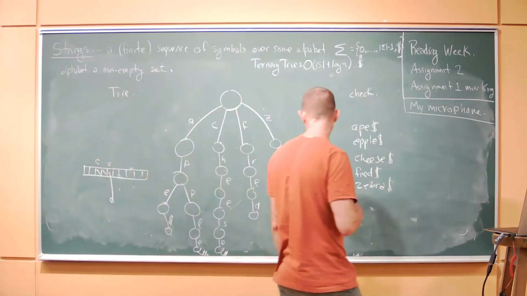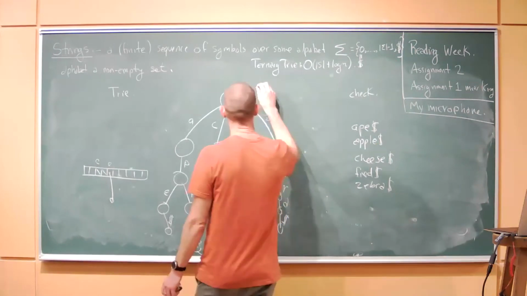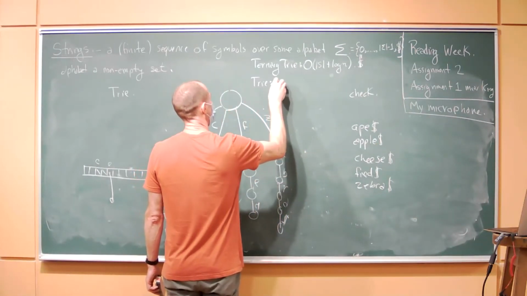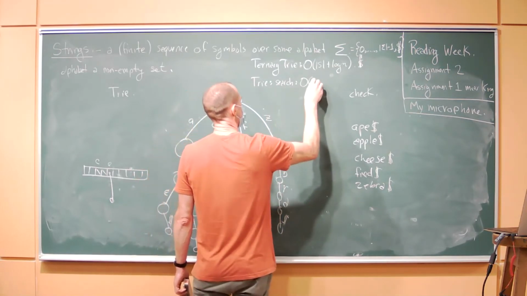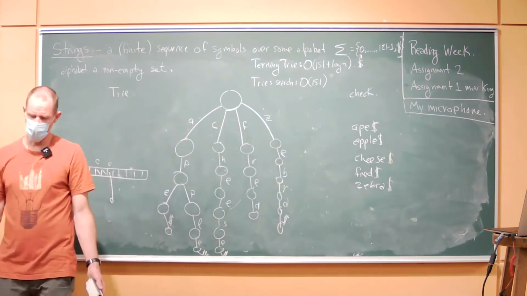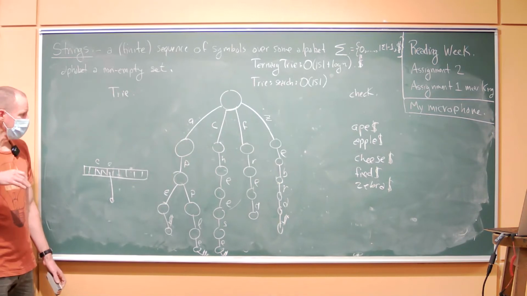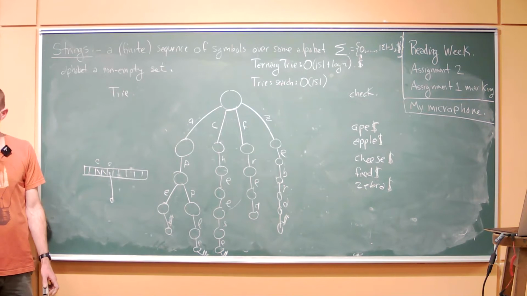All right, so that's just a try. And it can do searching in O of S time. So you can find the thing you're looking for in O of S time. And if you find it, great. If you don't find it, then it depends on what you want out of it.